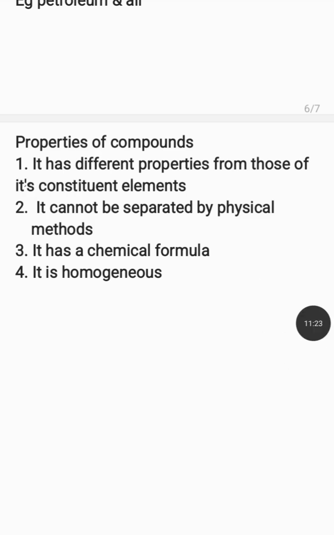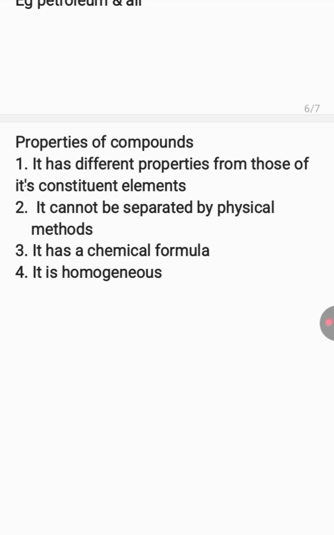For example, H2O, water, is formed when hydrogen is burned in oxygen under extreme temperature. Now, water does not support combustion, however, oxygen supports combustion. So as you can see, the properties of compounds are quite different from the properties of their constituent elements.